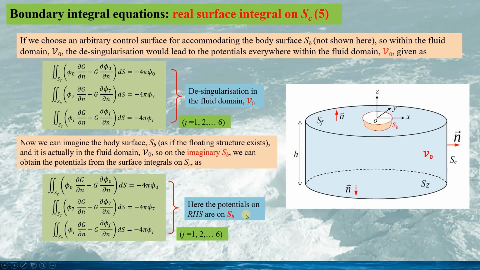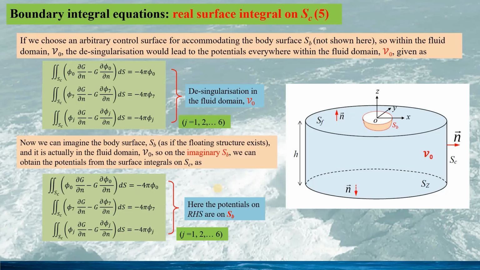These are very important relations, and we will use them to construct the final boundary integral equation for the target potentials, the potentials of the diffracted wave and of the radiated waves.